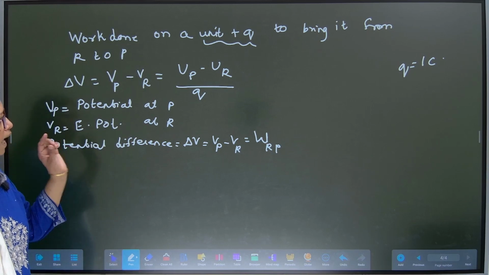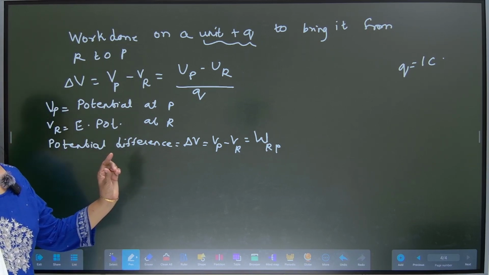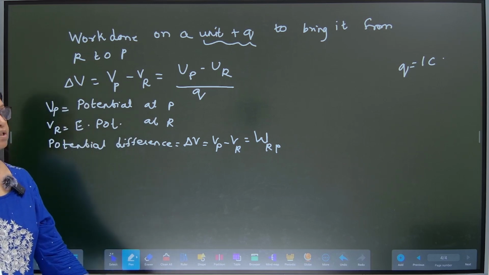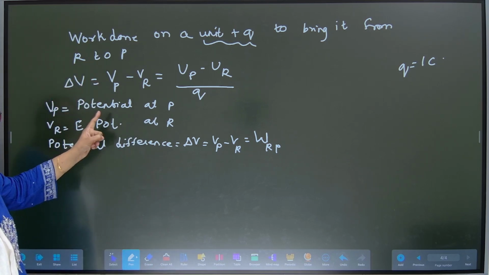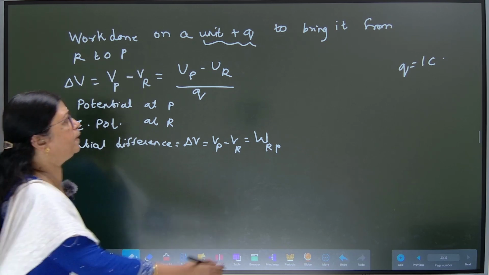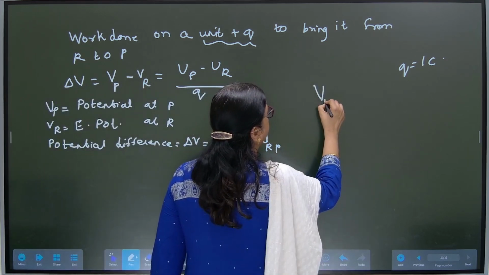Okay. Now, if I want to define a potential at that point, this is potential energy difference, potential difference. If I want to define Vp, what is Vp?